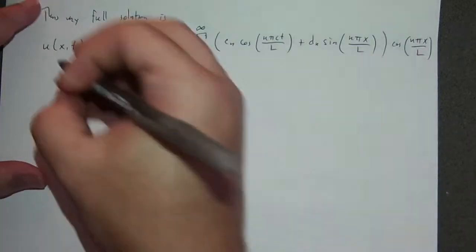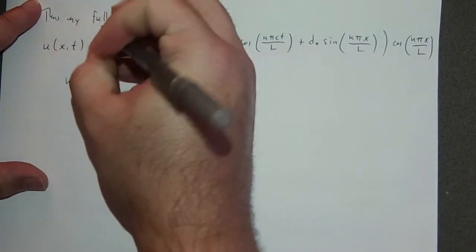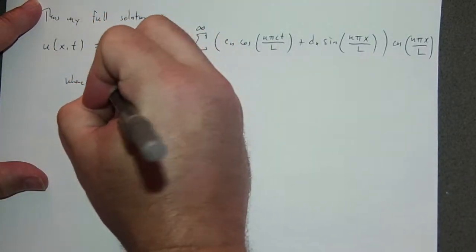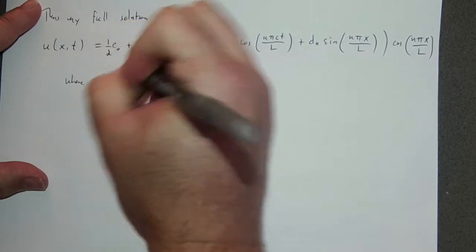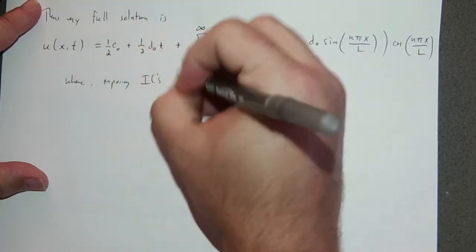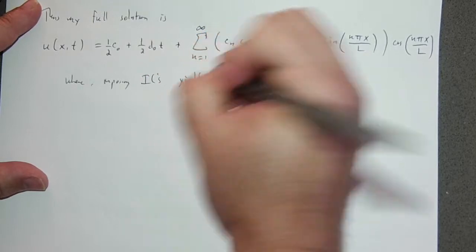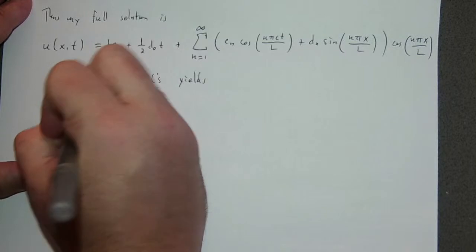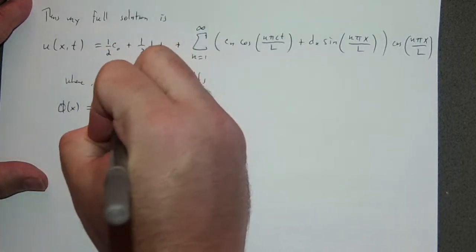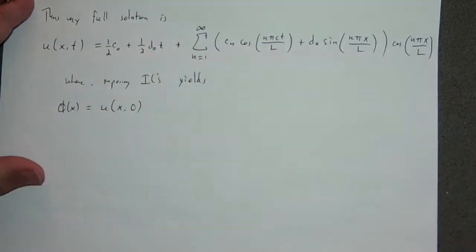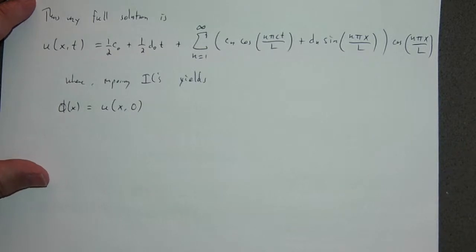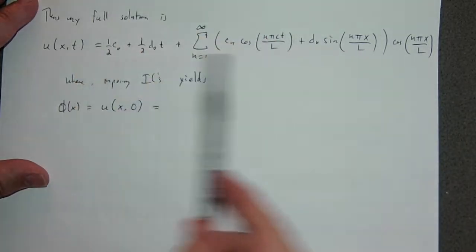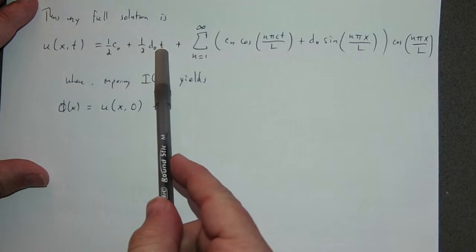where imposing the initial conditions yields what? So let's impose the initial condition that we know phi of x has to be u of x, 0. And so u of x, 0 here, plugging that in, so there's a 0.